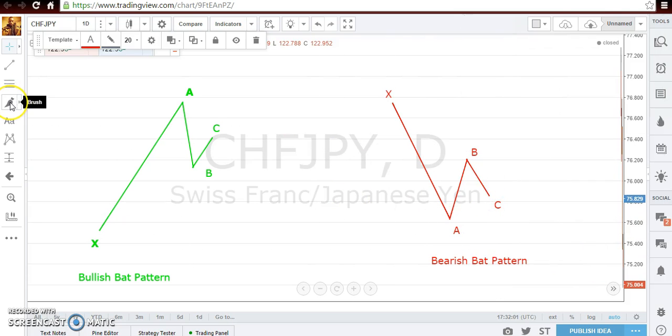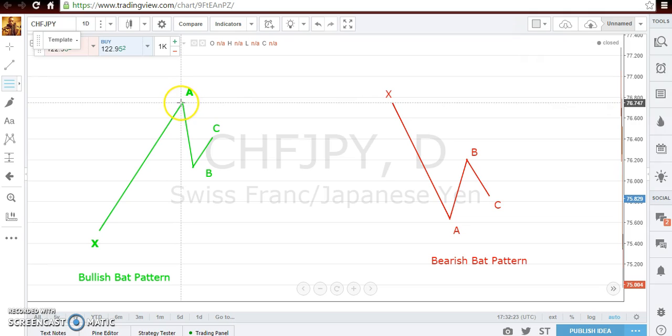Now this is another characteristic of a bat pattern, but in this case, the C point, or the B to C retracement, is the same as the Gartley pattern. At least that's the way I trade it. If you remember on the Gartley pattern video, we said that the B to C retracement must come in.